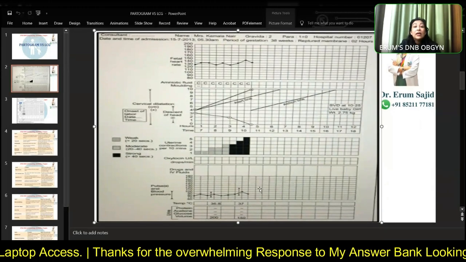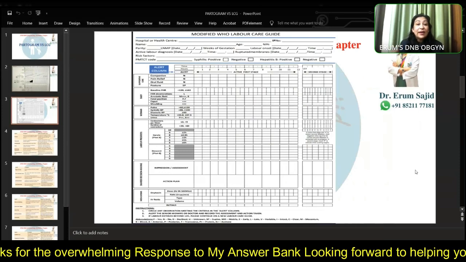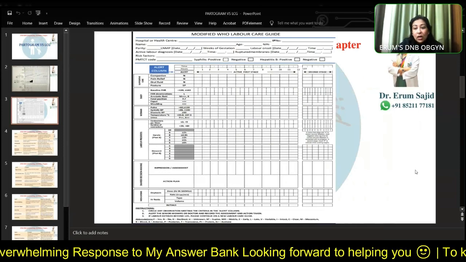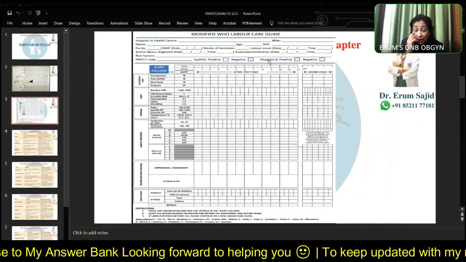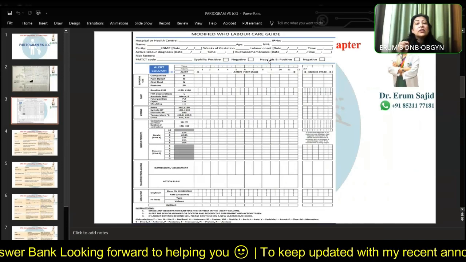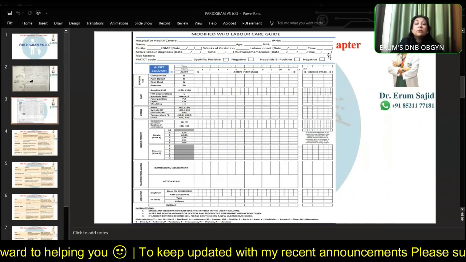Now let's jump onto the labor care guide and talk about it in detail, what the labor care guide actually is. So the first column, please be patient with me. I'll go slow and go one by one to make you understand the significance. The first column is the one in which you will talk about the patient.